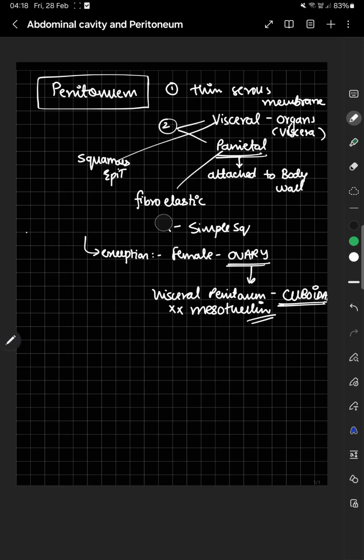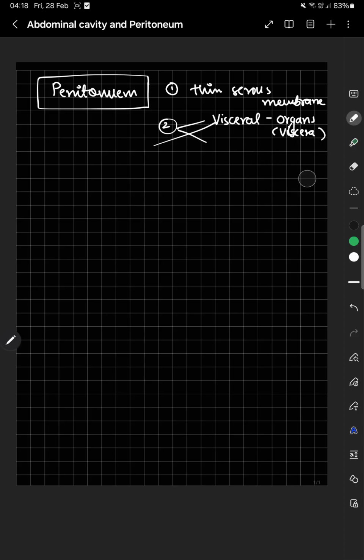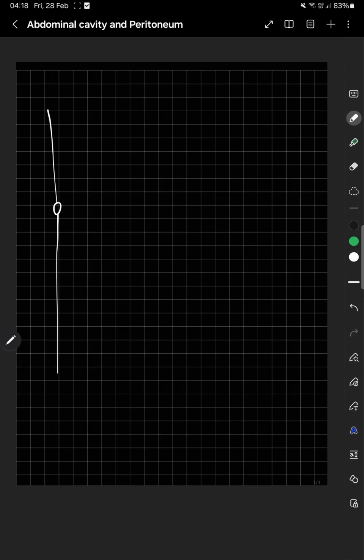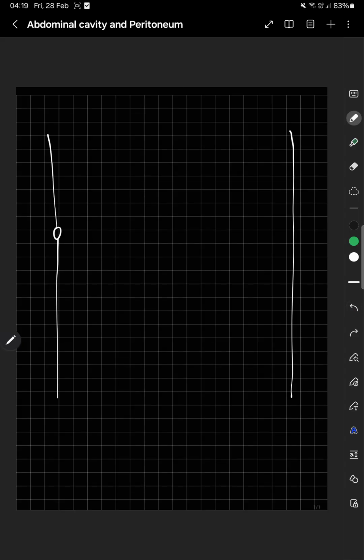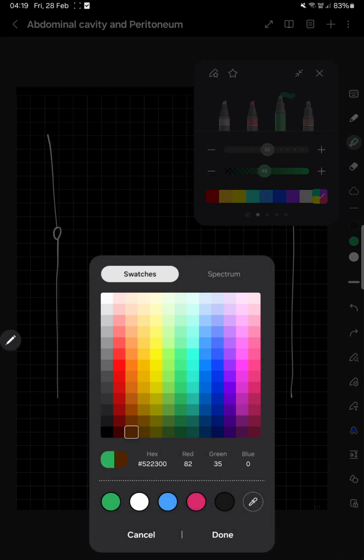Now to actually imagine how peritoneum exists in the human body, we'll go with a very rough diagram. We'll take approximately a sagittal section to see how the peritoneum is attached. If we take this to be our anterior abdominal wall, posterior abdominal wall, and this to be our rough diaphragm, let's give a color for the diaphragm, something brown.